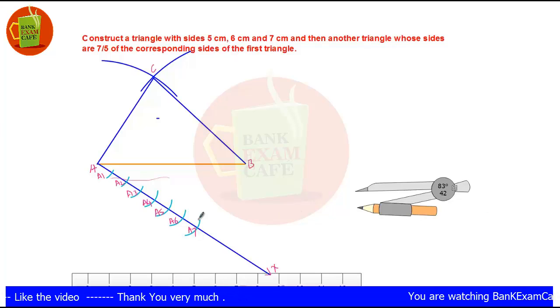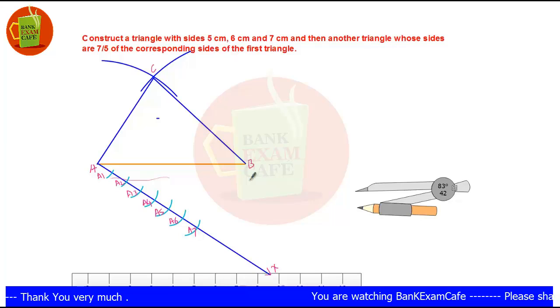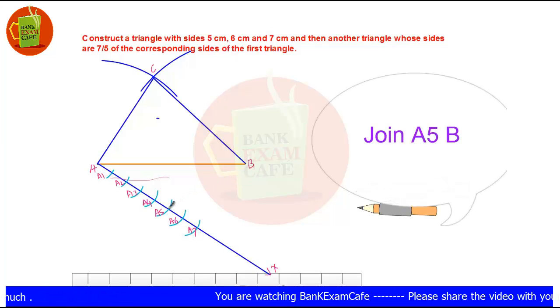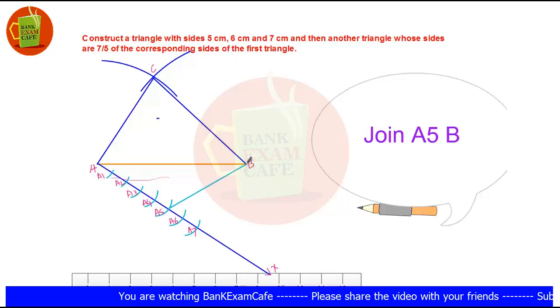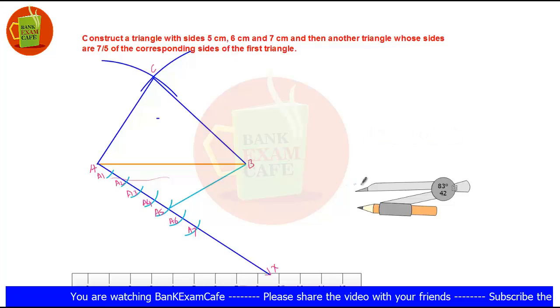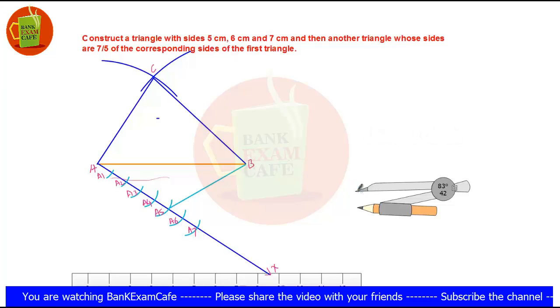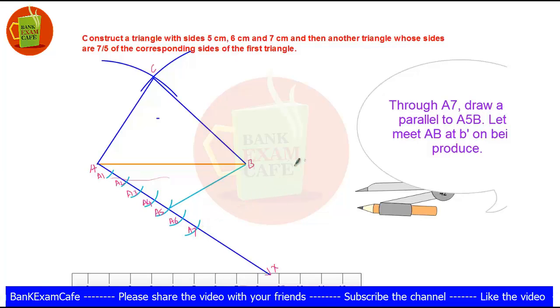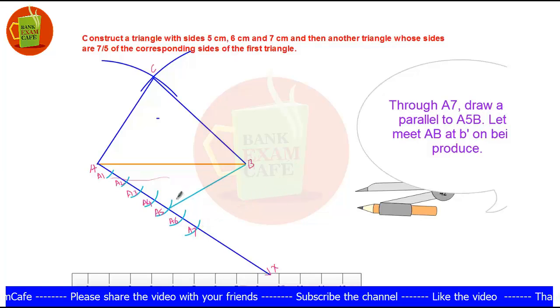Now here we do not join A7B because the numerator is bigger and the denominator is smaller, and so in this case we join A5B. Now from A7 point draw a line which is parallel to A5B.